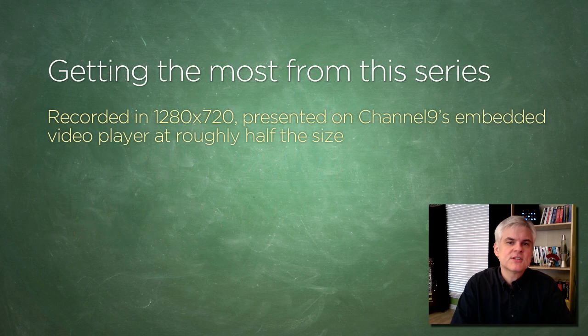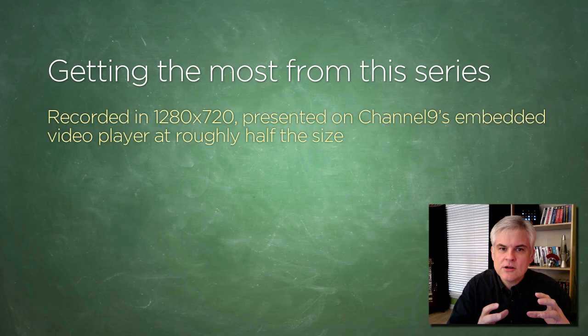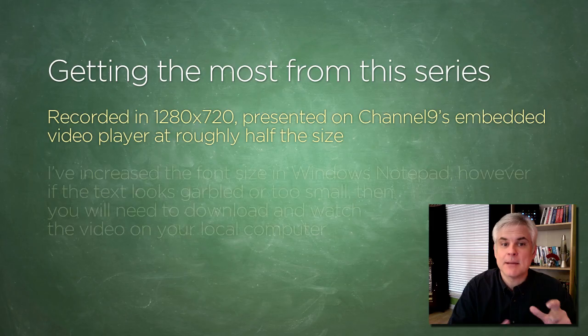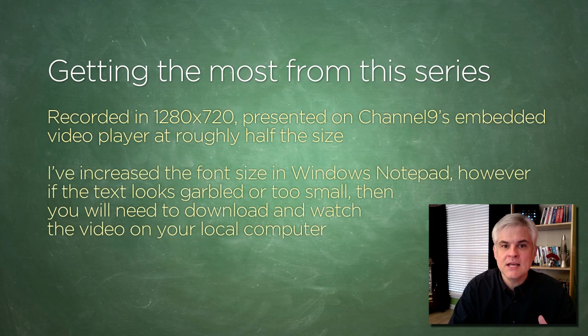Okay, before we get started, the videos embedded on the webpage on Channel 9 are presented somewhat smaller than how I originally record them, which is in high def, 1280 by 720. Now, I'll increase the font size of the text that I type into Notepad. However, if the text seems obscured or difficult to read, then it may have to do with the speed of your internet connection.